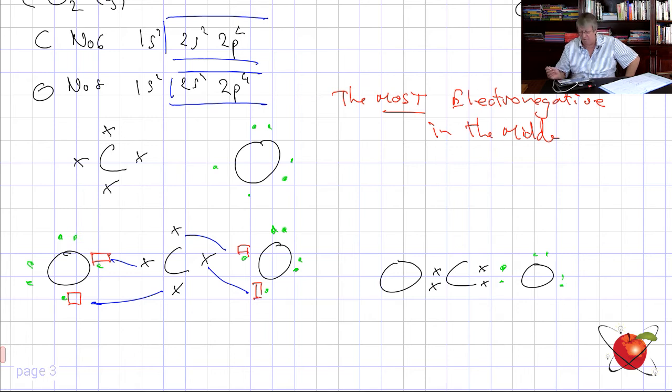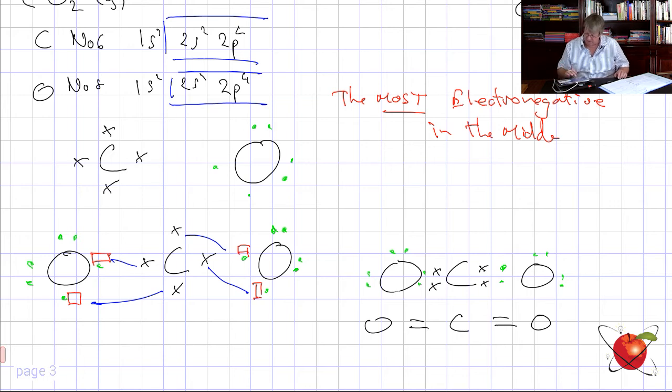Or you could put the 2 at the bottom, really. So we've got that bond there. Eventually, that comes down to C double bond O, like that, because there's 2 electrons bonding on each side.